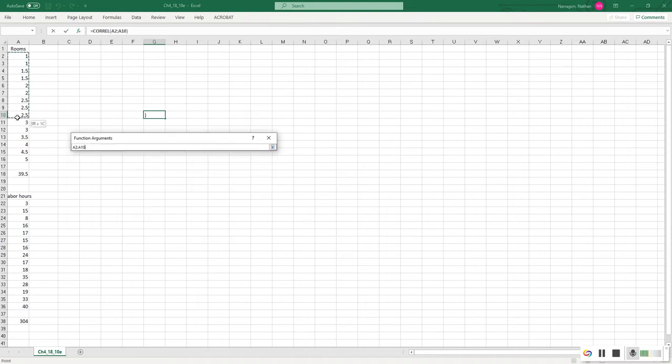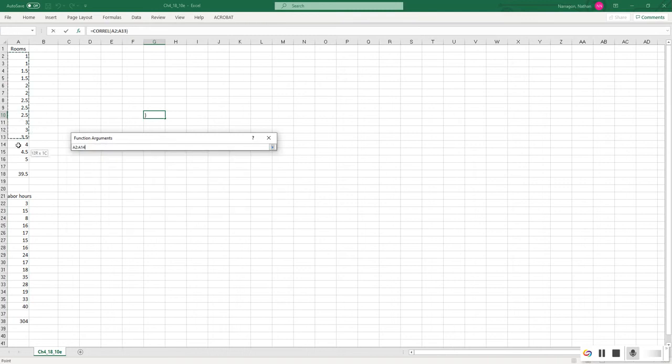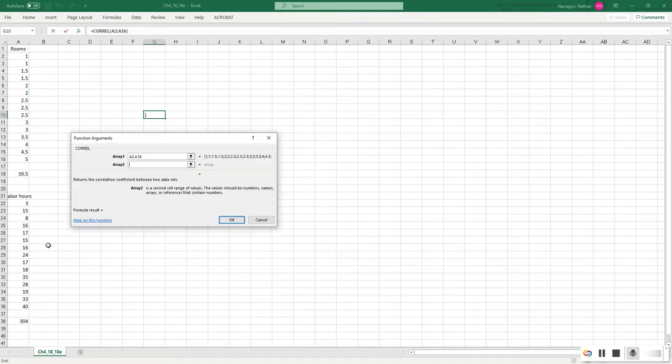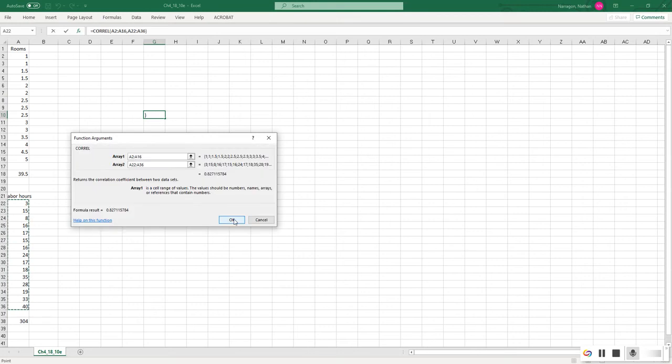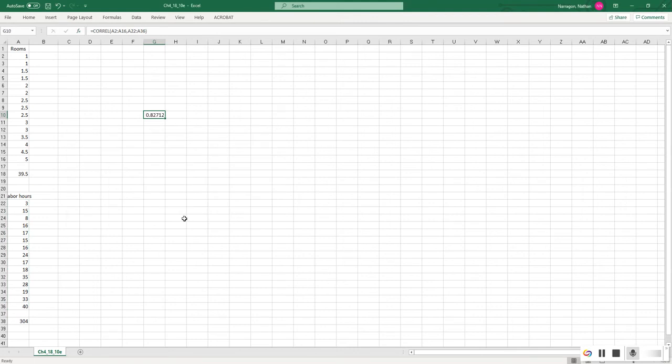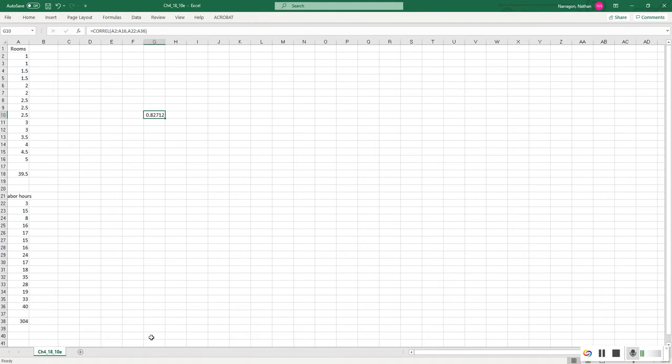We'll put our first array, which is X. Put in our second, and our Y. Okay. So, Excel will just calculate it for us at 0.82712. Let's see if that's correct. Work smarter, not harder.